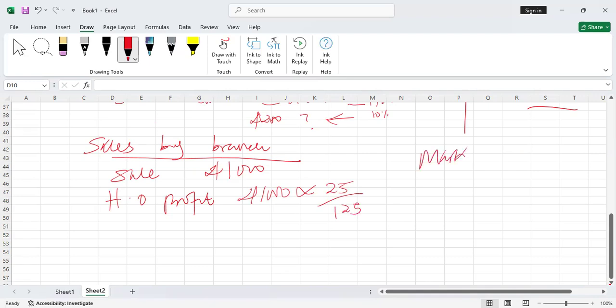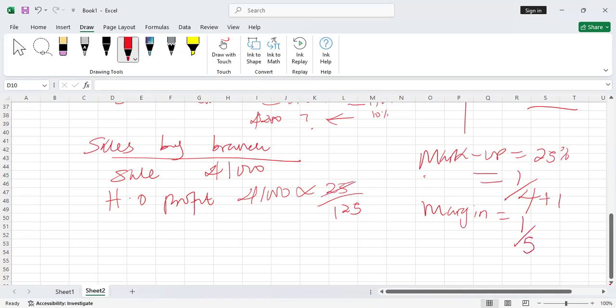But then let me remind you something. Markup equals to 25%. 25% expressed as a fraction is a quarter. Margin is going to be, do you remember the math we were doing last week? Margin is going to be a fifth.